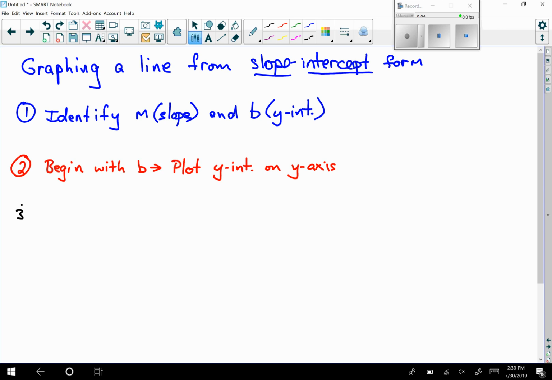Step 3 is we are going to move with M. Move starts with M, so we're going to move with M. Begin with B and move with M. And all this means is use our slope to plot a few more points.